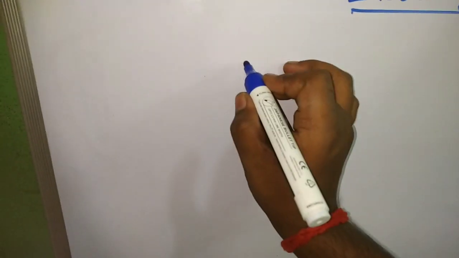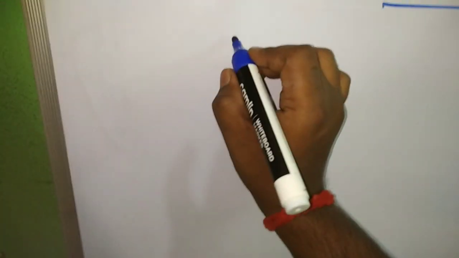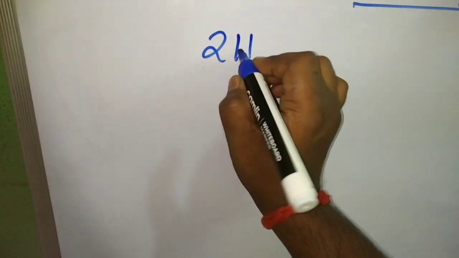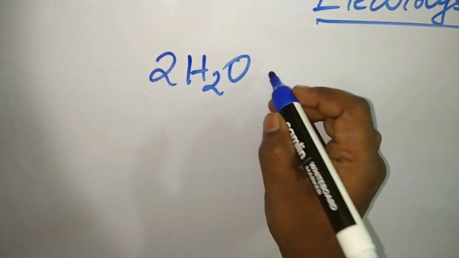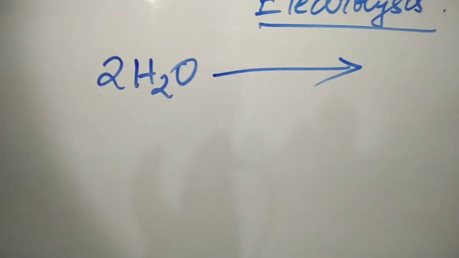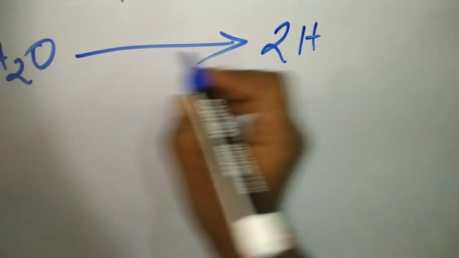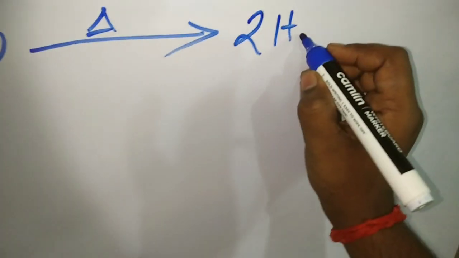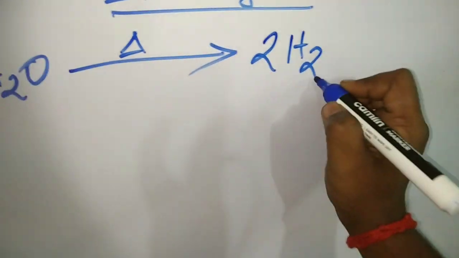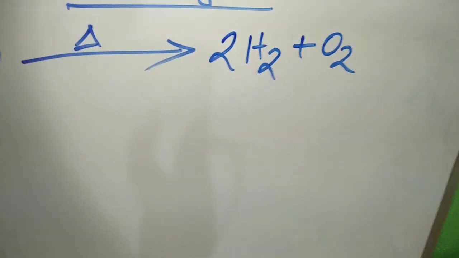See students, I will write an example, a chemical reaction. Two moles of water, when decomposed by means of heat, will yield 2 moles of hydrogen and oxygen.